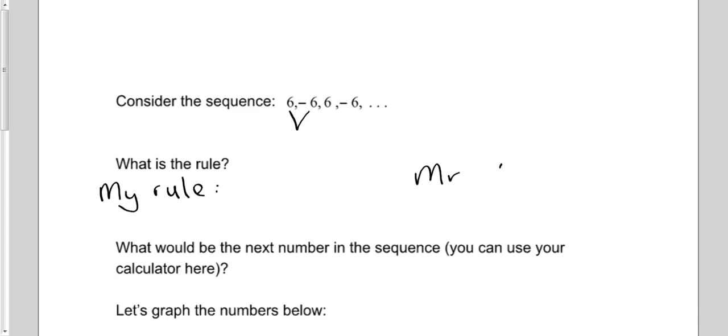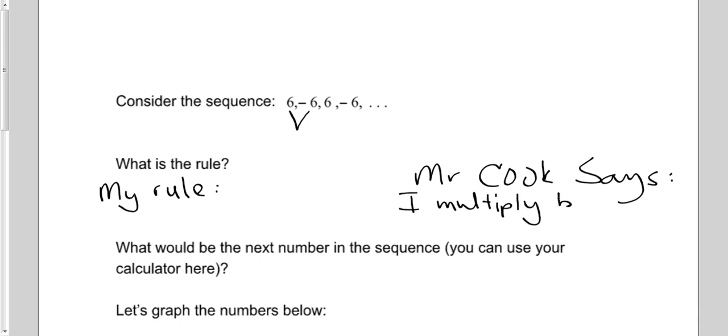Mr. Cook says I multiply by -1. So if I times this by -1, 6 times -1 equals, just flip the sign, that's -6. What about -6?